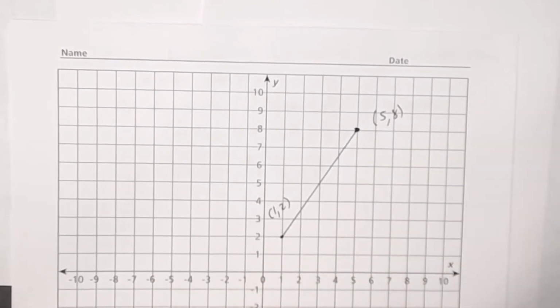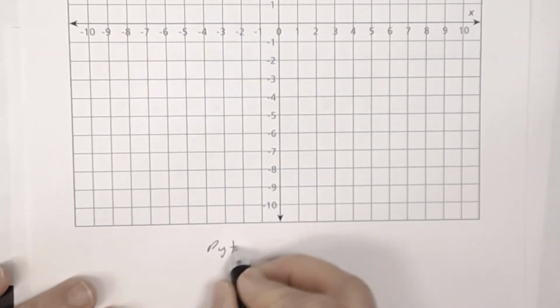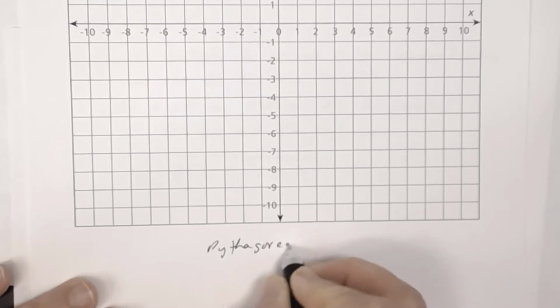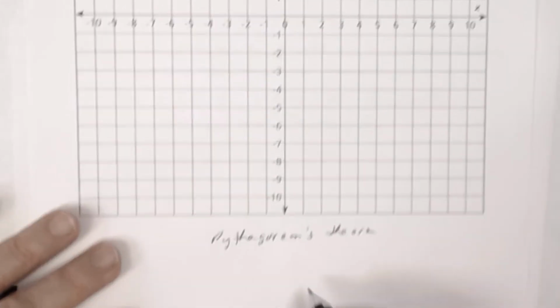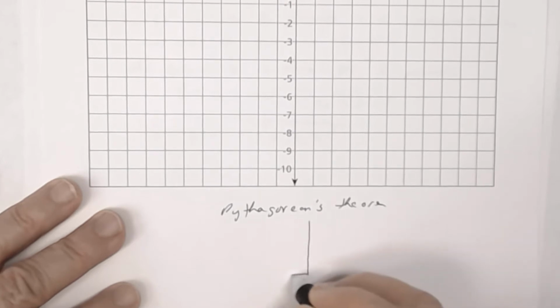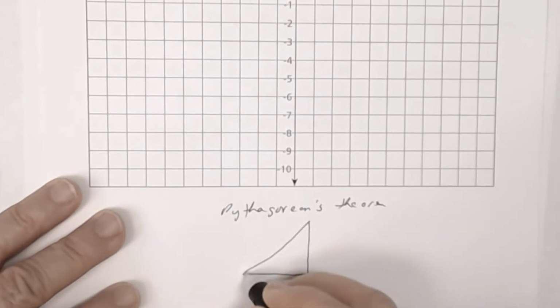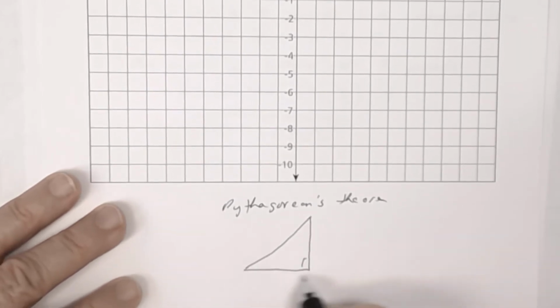And so remember Pythagorean's theorem says this, that if you have a right triangle, remember you're dealing with a right triangle, okay? And if this leg right here, these are your legs, and the side opposite the right angle is the hypotenuse.